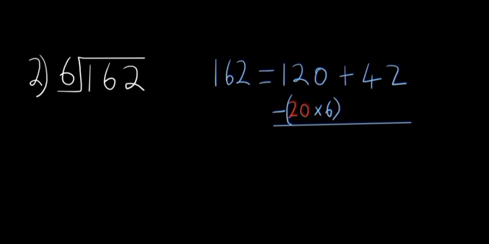So 120 minus 120 is 0. So the 120 cancels. And then we bring down the 42.